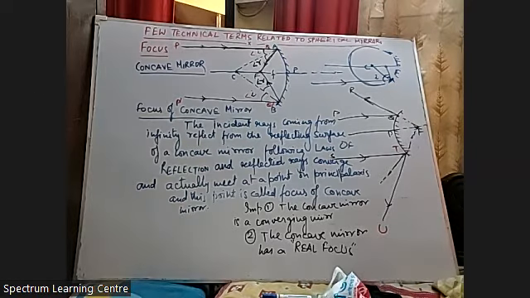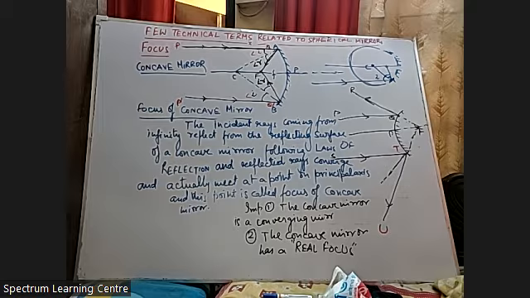Now, can anyone tell me what is the focal length? Boidurjo, can you notice in the concave mirror figure a small f? Yes, sir. So it is the distance between what?